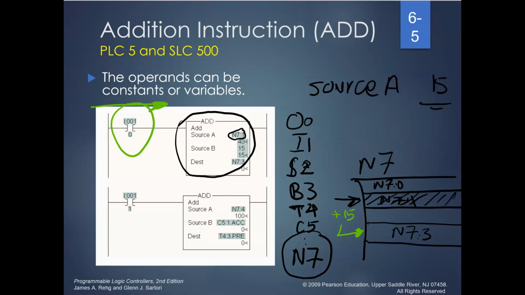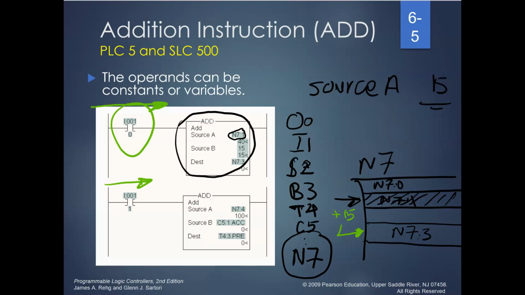Now let's look at another addition instruction and see how we can use it in another form. Still we have a similar condition. This time we are looking at input terminal 1. If input terminal 1 brings continuity and it's true, then the addition happens. In this one, I'm going to use another color.